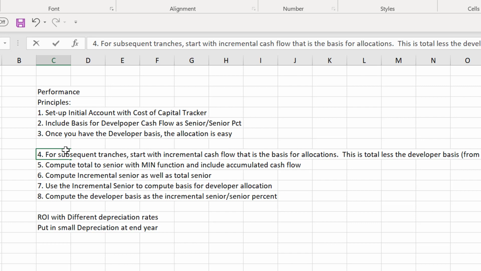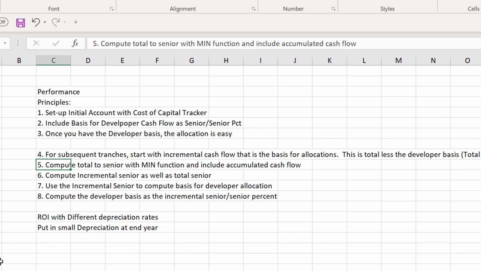And you take away from that the total equity cash minus basis from part 2.